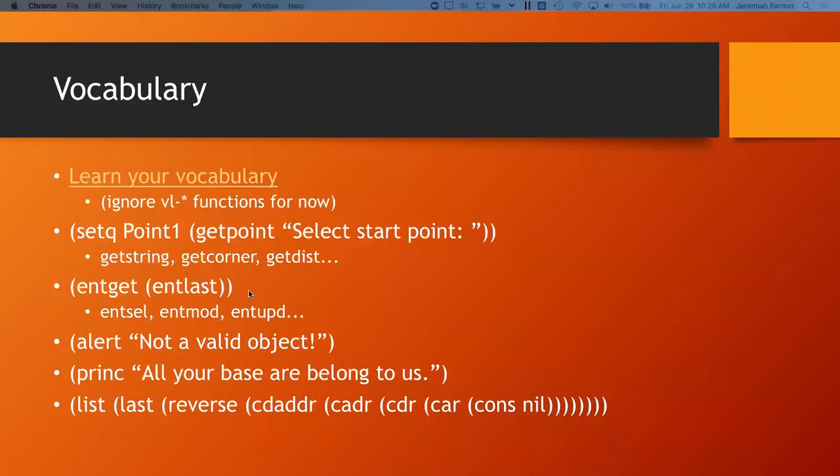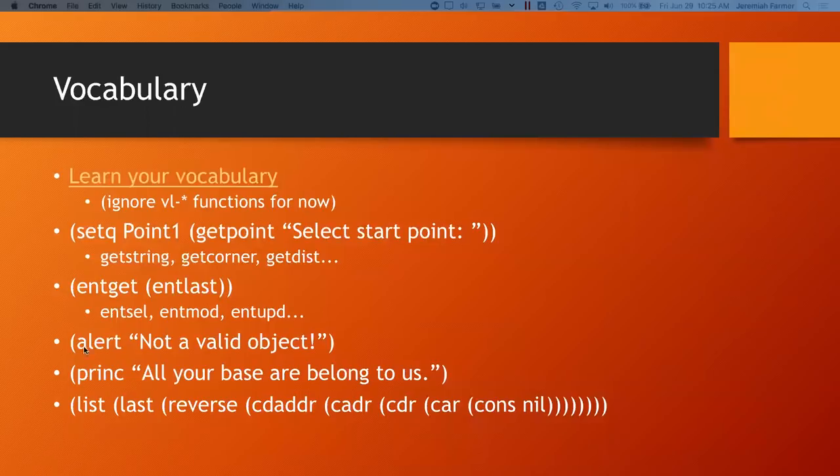The other ent functions, entsel to select one, entmod to modify one, and entupdate to update a more complex object. So again, you'll read up on the ent functions, just be aware of them. And again, you start copying and pasting them to the command line, typing the command line. It's a very fluid learning environment.